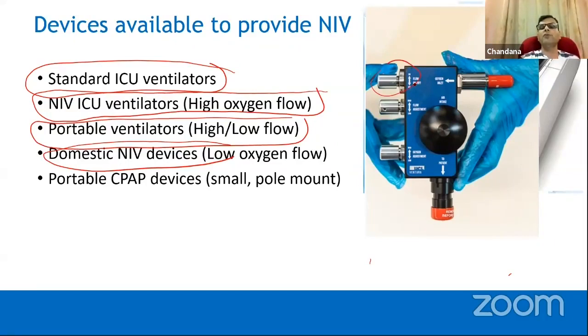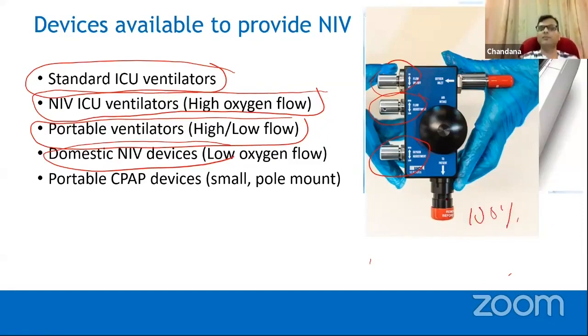You can turn it on and off, and control the flow with this switch. You can control the oxygen with this switch and adjust the oxygen concentration, and there is a monitor to monitor the delivered oxygen. It's a very simple device, but you need some kind of training to operate it. There are many connections to make, but this is a cheap device where you can give 100% oxygen.